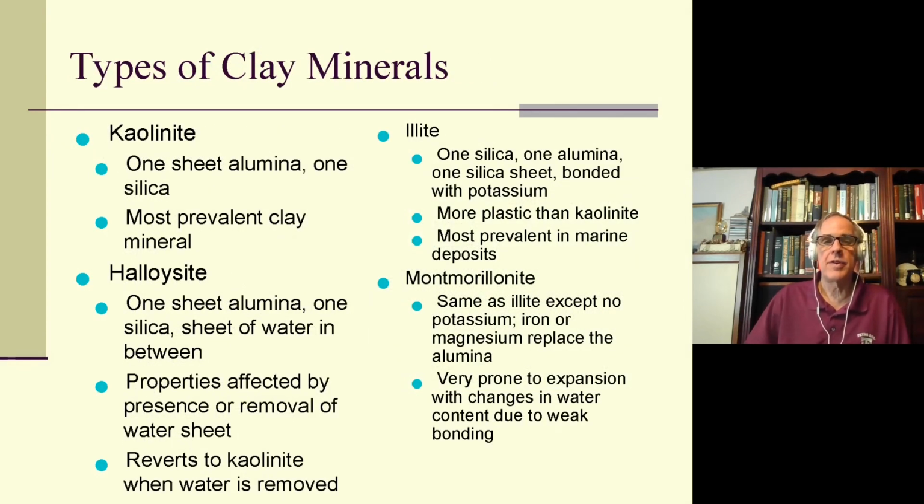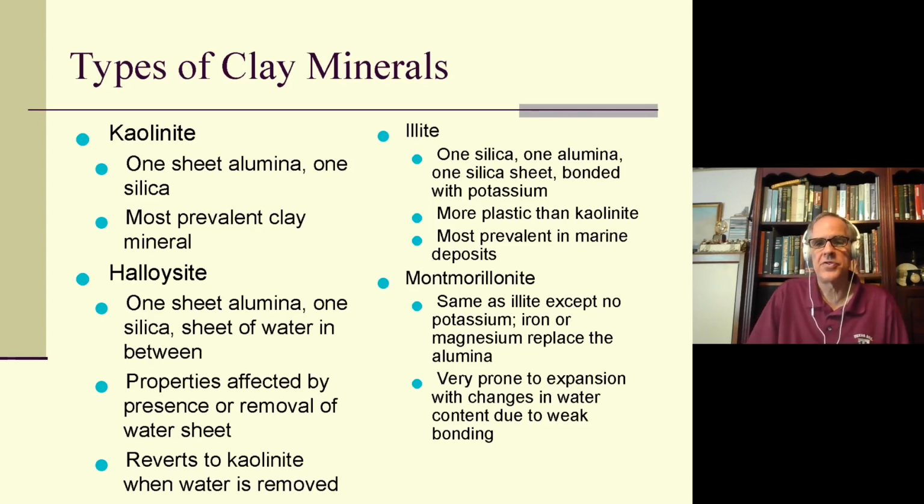The most prevalent is kaolinite: one sheet of alumina, one sheet of silica, back and forth. Most common. Halloysite: if you take water out of halloysite, you get kaolinite. Illite is more plastic than kaolinite, and you see it mostly in marine deposits.